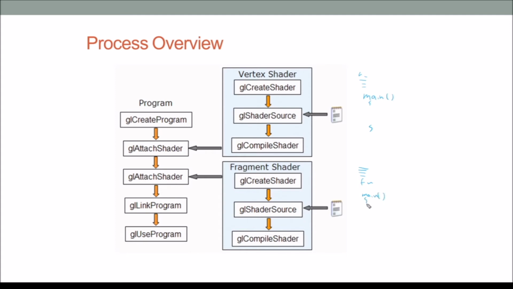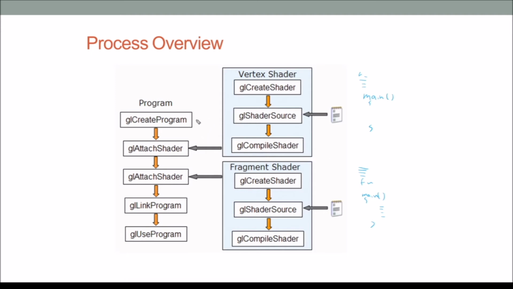Inside the main you have this part right here. These two are there for you to use and then compile. Once you compile, it will create an object, and that is what we call a shader.